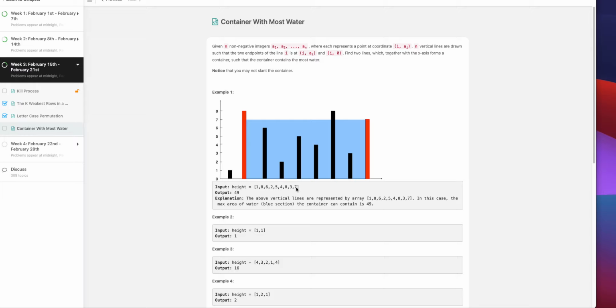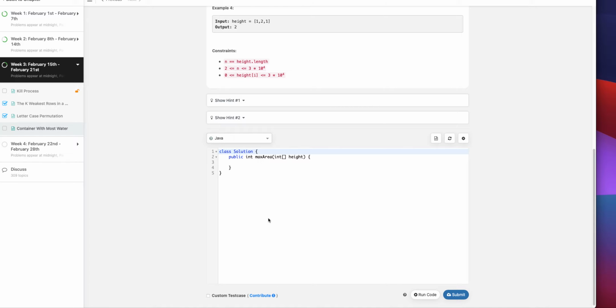So when we are incrementing the index, if it is smaller than the min, so let's do an n-square solution, right?